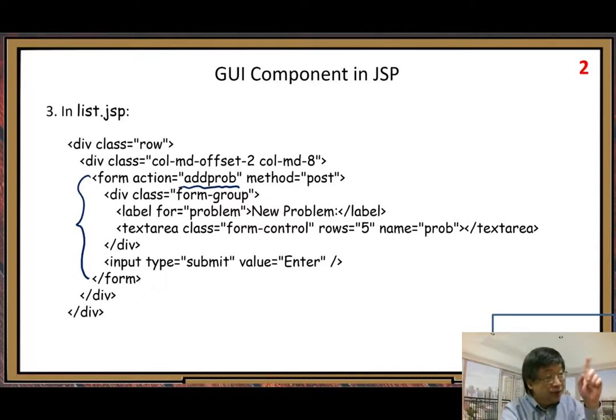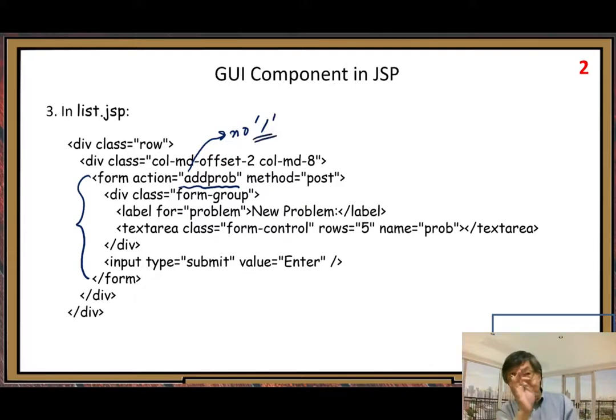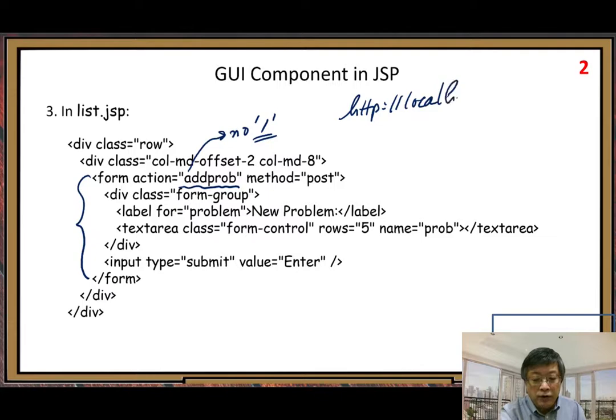But here I want to emphasize there is no slash symbol, because sometimes we may accidentally put the slash symbol there. If you put it there, then what would happen? You will see http://localhost, the domain name, then you skip the web application name, so you get add_prob directly.